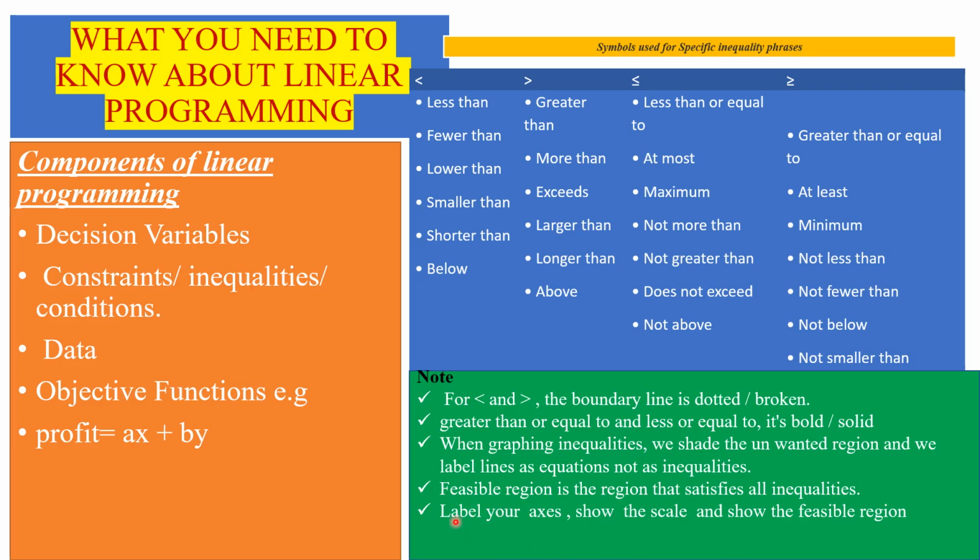So this is what labelling your axes is all about. Then also you have to show the scale. For all graphs, a scale is very important. And then also show the feasible region. You can just put any letter there, maybe it can be R, maybe K, and then you say that that is the feasible region.